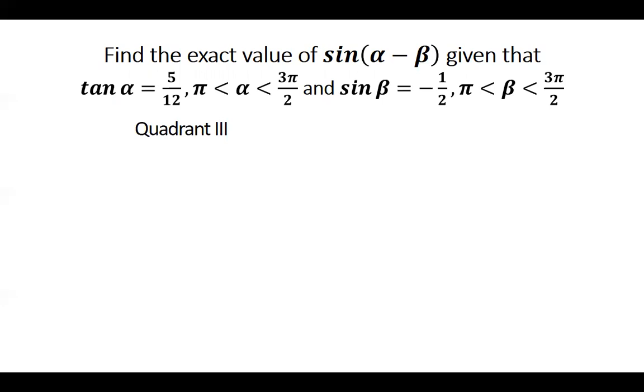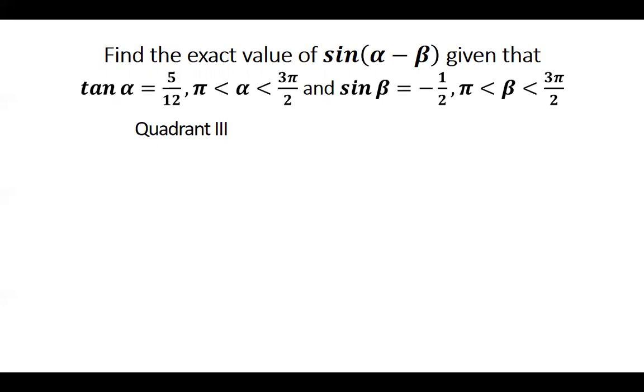Okay, so why is that important? Well, that allows us to look at these trigonometric ratios and determine whether x, y, and r are positive or negative. In the 3rd quadrant, x is negative, y is negative, and r is positive.